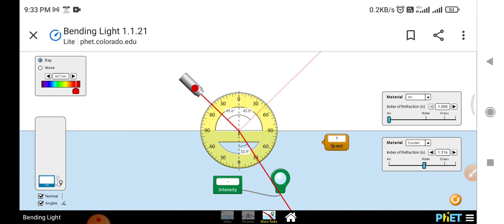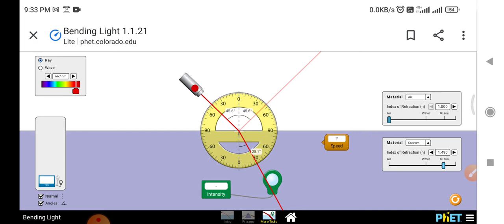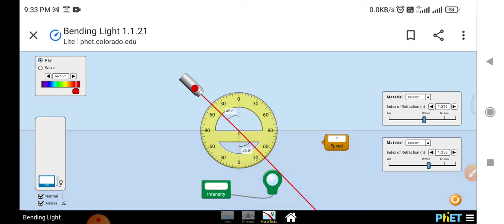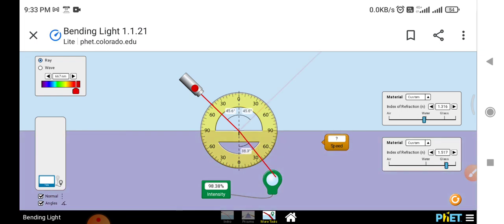In water, the angle of refraction is 32.9. In glass, 27.8. If I change the medium here, water to water means 45.